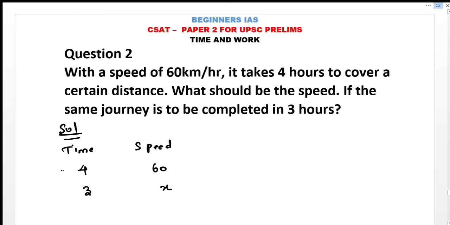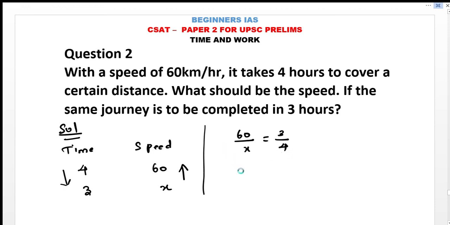See here, the time is reduced, so automatically we have to increase the speed. That is nothing but indirect variation, right? I'm going to use the simple arrow method. Here the head is 60, the tail is x, and this equals head 3, tail 4.